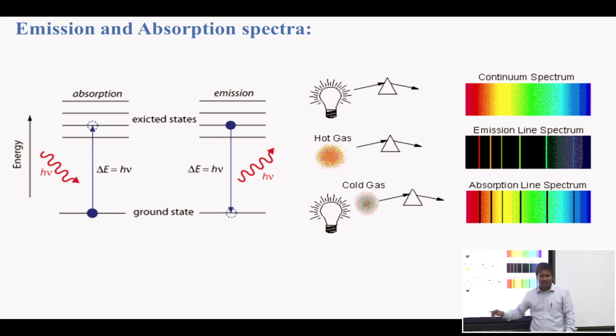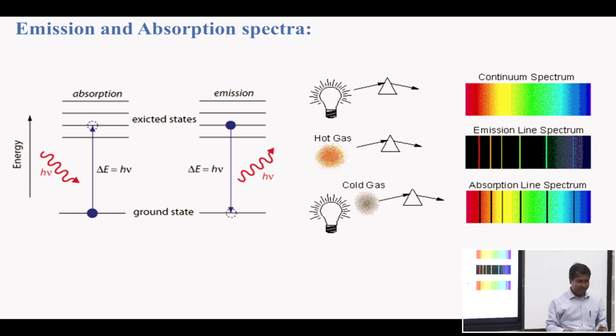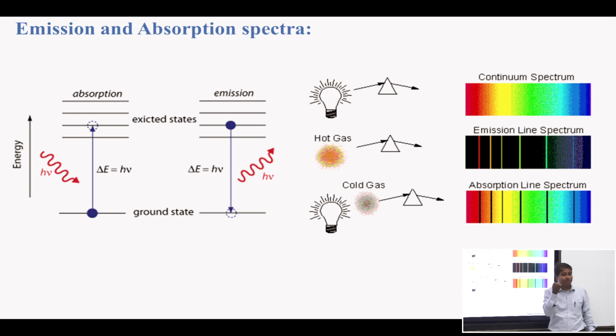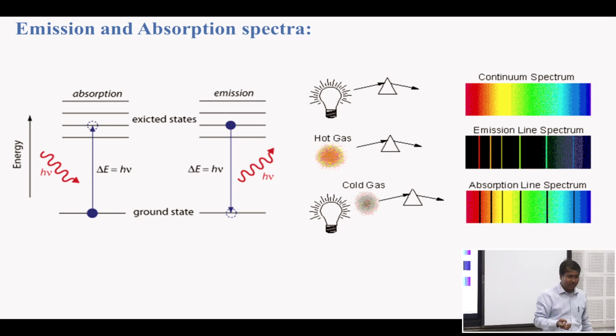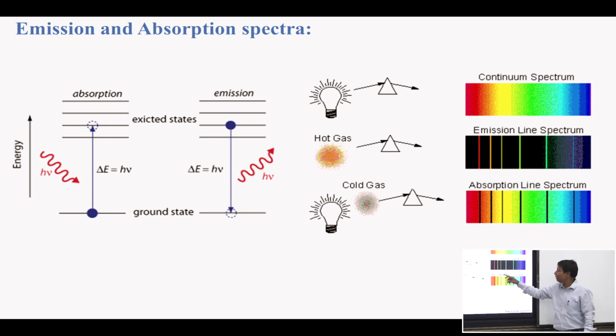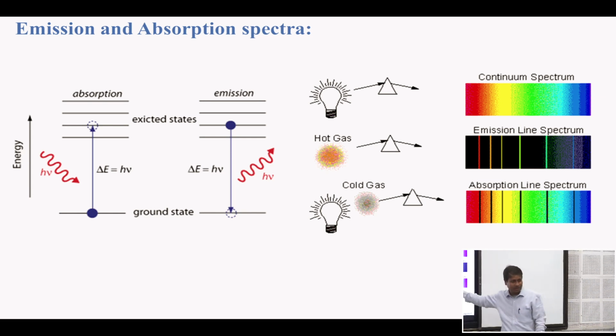If the gas interacts with the light, it absorbs some and goes to the excited state. It absorbs some frequencies, some wave numbers of the radiation, so some frequencies will be missing. That black line is the missing frequency. And this is the spectrum.